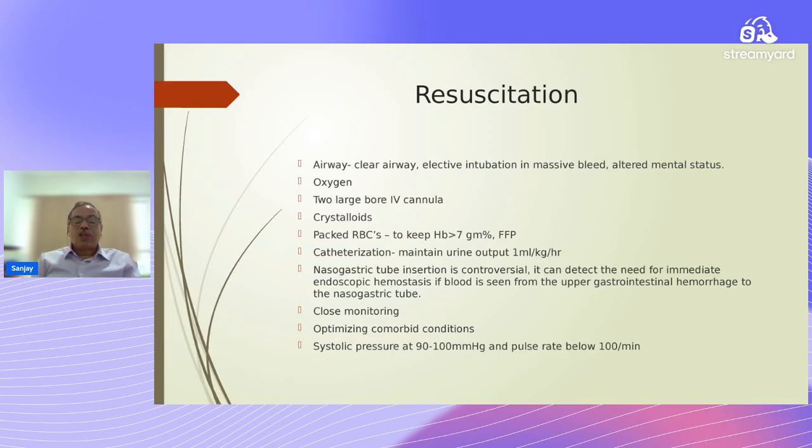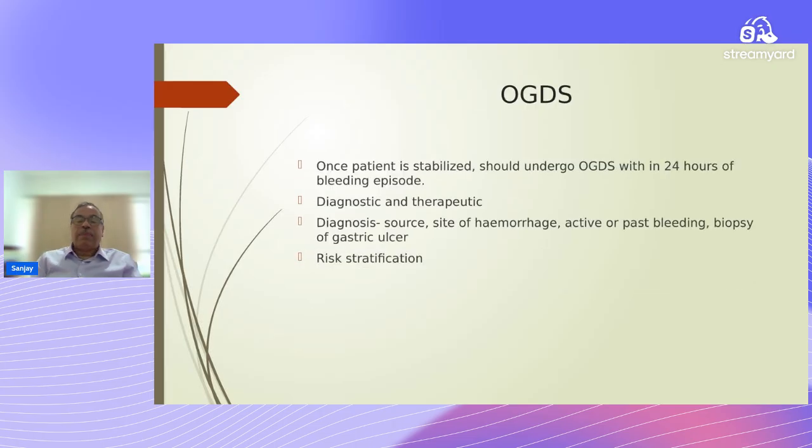Always optimize the comorbid conditions which are present, be it diabetes or hypertension or any other comorbid condition. They also require optimizing to prevent further morbidity and mortality. And I've already reiterated that systolic pressure should be in the range of 90 to 100 millimeter of mercury and try to keep the pulse rate below 100.